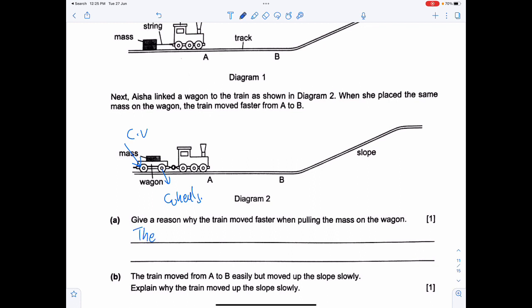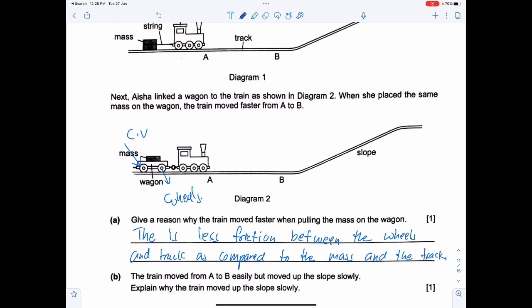There is less friction between the wheels and the track, as compared to the mass and the track.